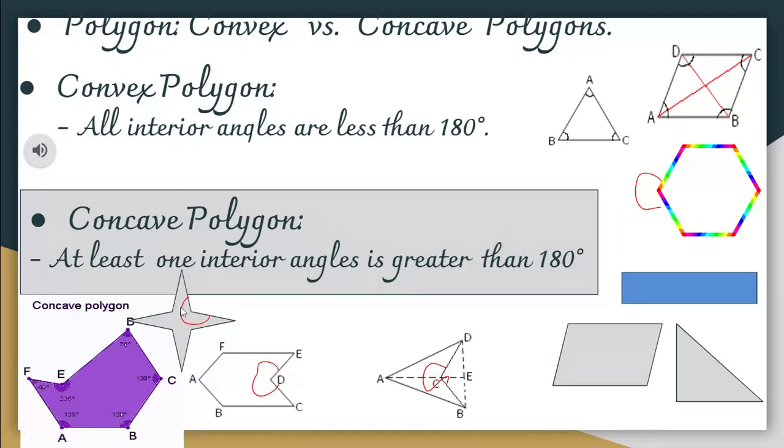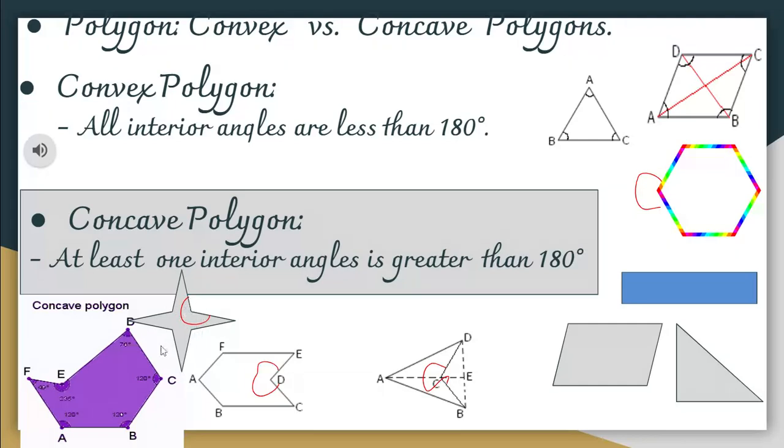This interior angle is more than 180 degrees, because 180 we know is a straight angle, isn't it? If you make a straight line here, you can see that the angle is greater than that line, right? So it is more than 180 degrees. Since it is more than 180 degrees, it is forming this cave-like structure.